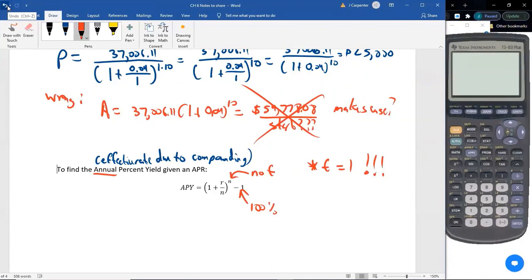That's what you're ending with. You gain that extra 7%. But the effective rate can't account for the original 100% you have, so you subtract off the 100% you started with. That's what that does. It gives us the difference between how much we end with and how much we start with. So this is the percentage we end with, this is the percentage we start with. Subtracting them gives us the gain. That's what the 1 is in terms of concept.